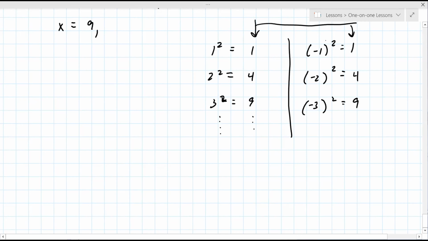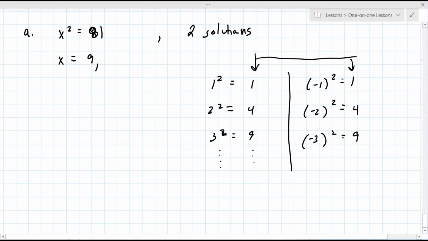Well, when you take the square root of a number, so let me scroll up here. When you take the square root of x squared, the square root of x squared equals plus or minus the square root of 81. Have you seen that in class or anything like that? No. Okay, here's what's actually happening.